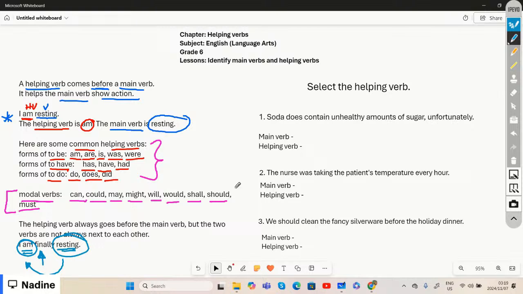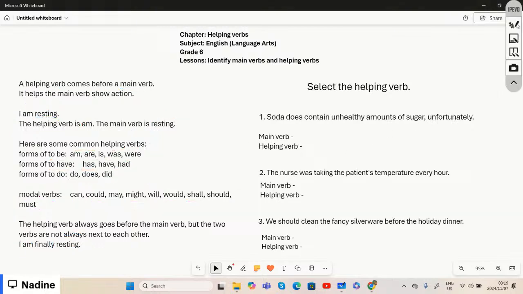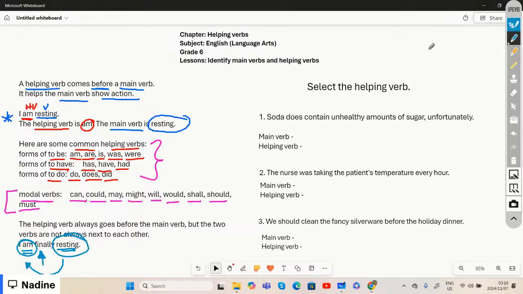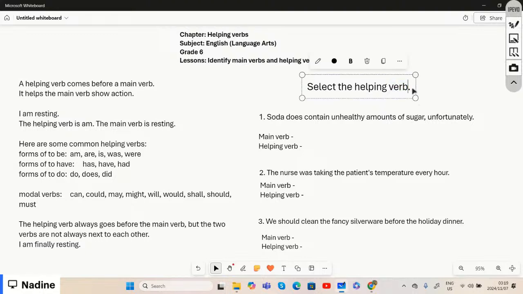All right. So now here we have three sentences, right? We need to select the helping verb and the main verb.